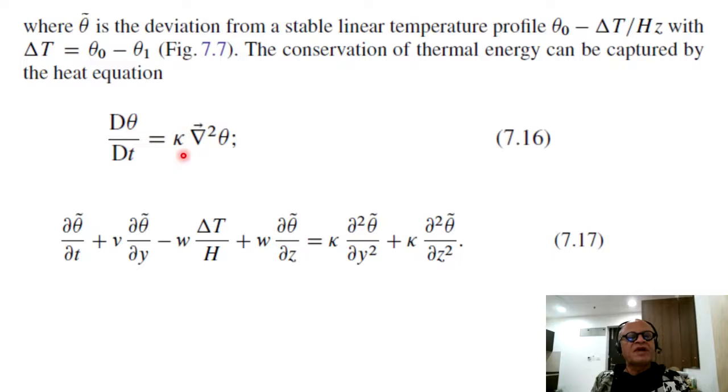D theta dt is some eddy diffusivity kappa times del squared theta, and writing theta as theta 0 plus theta tilde, that becomes del theta tilde del t plus v del theta del y minus w delta T over H, so the vertical motion is related to the vertical stratification delta T plus del theta bar del z, which you can think of as the vertical profile of the diabatic heating, equal to kappa del squared theta tilde del y squared plus kappa del squared theta tilde del z squared, our diffusion term.